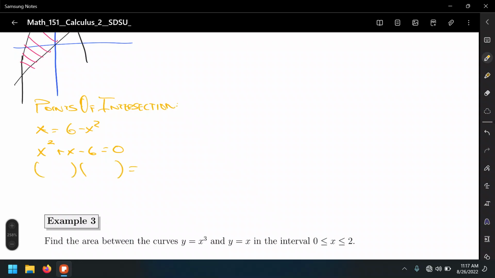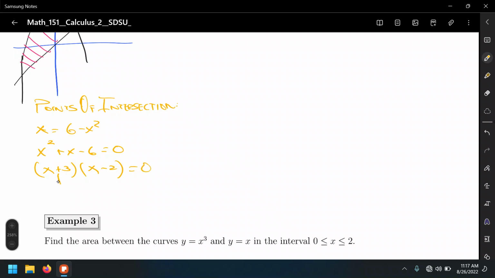We have two bubbles here with the x's, and then find two factors of negative 6 that add up to the middle coefficient, which is 1. What are those two numbers? Plus 3 and negative 2. One of them has to be positive, the other negative, so that the product is a negative number, while the middle coefficient stays positive.